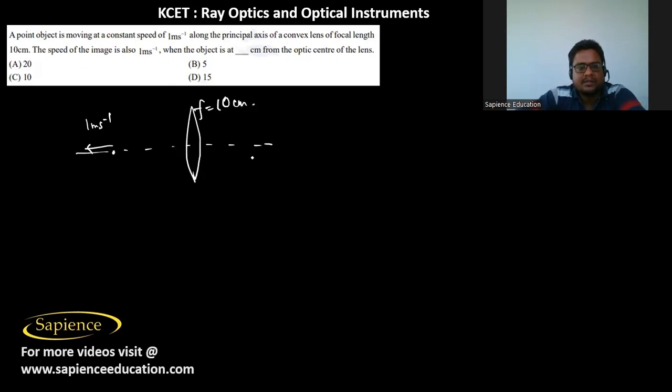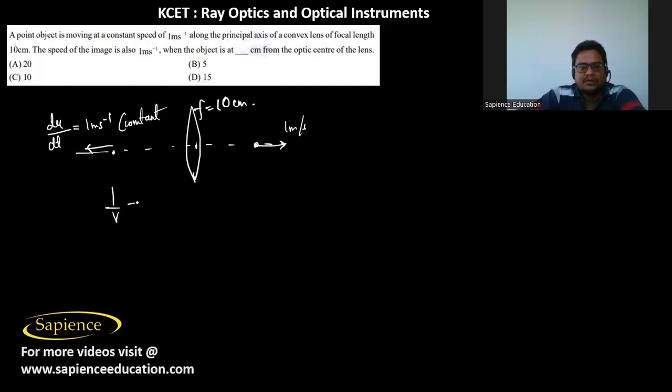Then the speed of the image is also 1 meter per second when the object is at dash centimeter from the optical center of the lens. So therefore du by dt is 1 meter per second, which is constant. du by dt means the speed of the object.